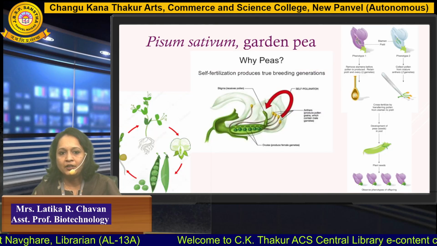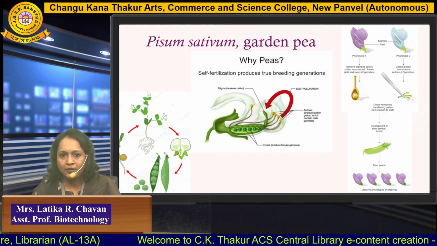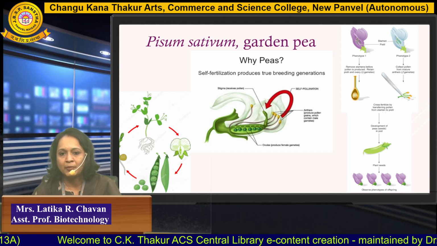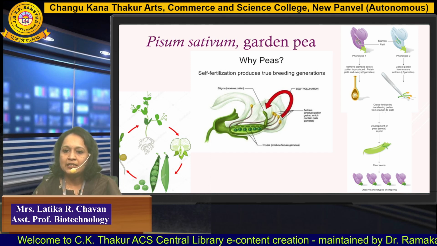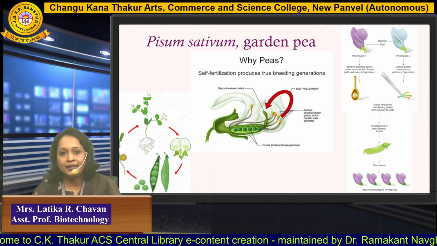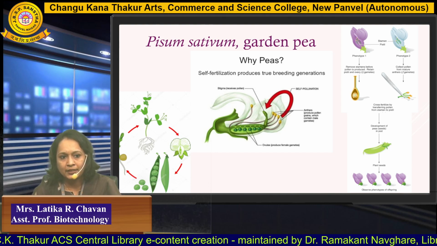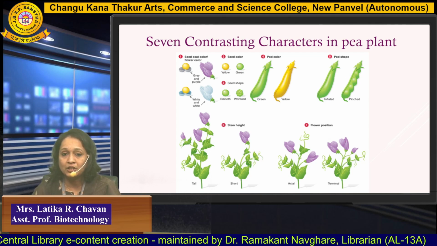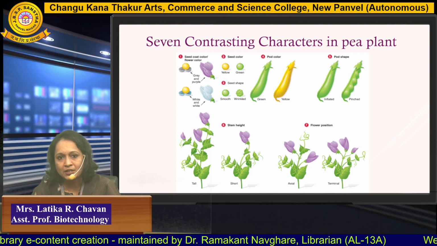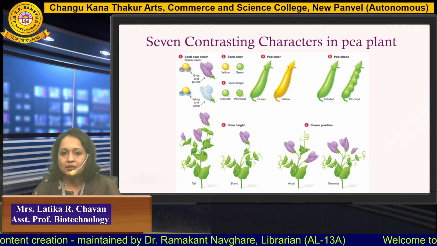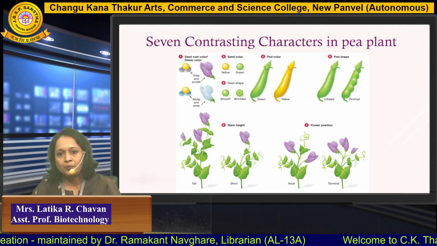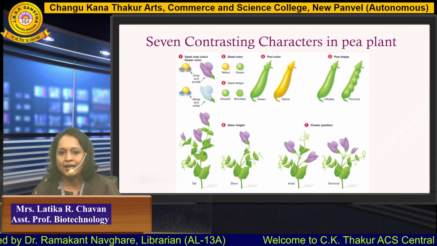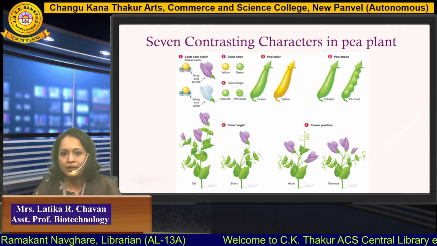If we observe the diagram of a sweet pea flower, it is bisexual. It has both female as well as male reproductive organs. It can be easily cross-pollinated to study the characters which will appear in the next generation. These are the 7 contrasting characters, which include appearance of seed, color of seed, color of flower, pod shape as well as pod color, position of flower, and height of the plant, whether it is tall or dwarf.